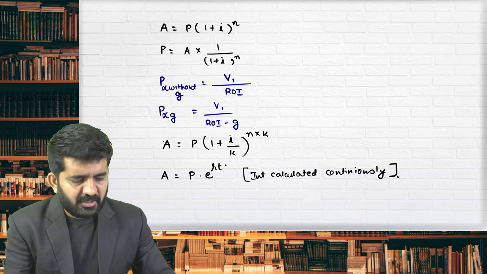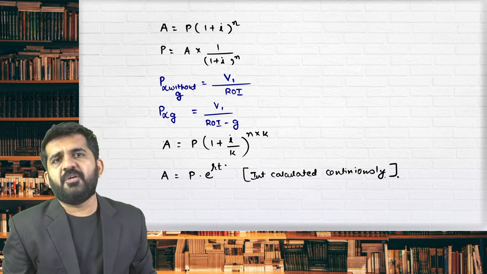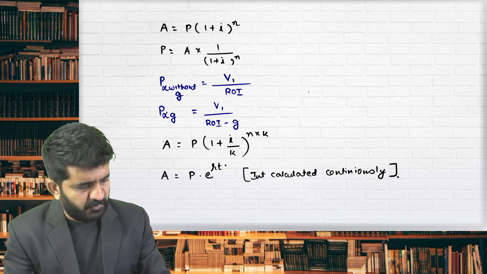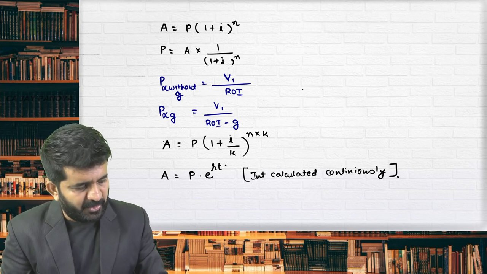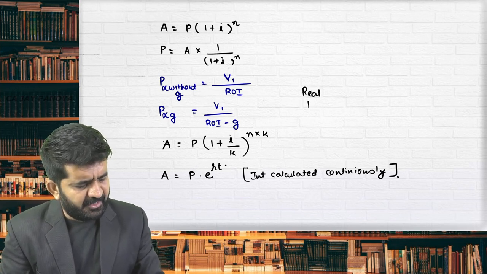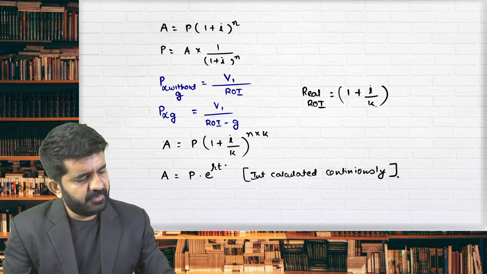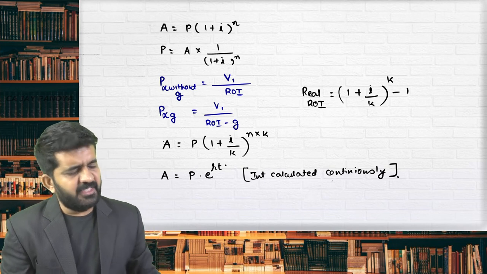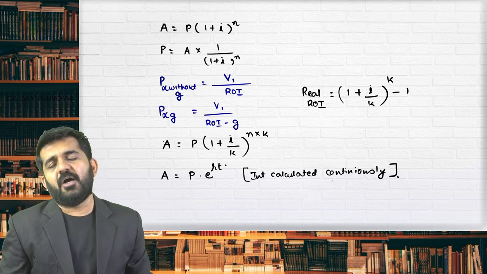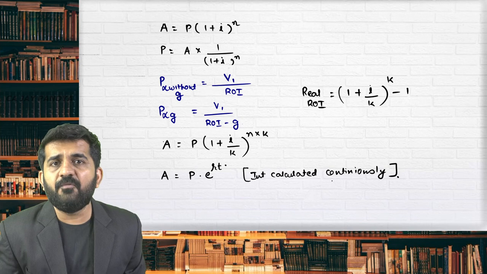So these are the formulas which are important when you are doing time value of money. Of course, we have forgotten the formula that we have done today. If you want to find out real rate of interest, I can find out by (1 + i/k)^k minus 1. I will be getting the answer of real rate of interest.